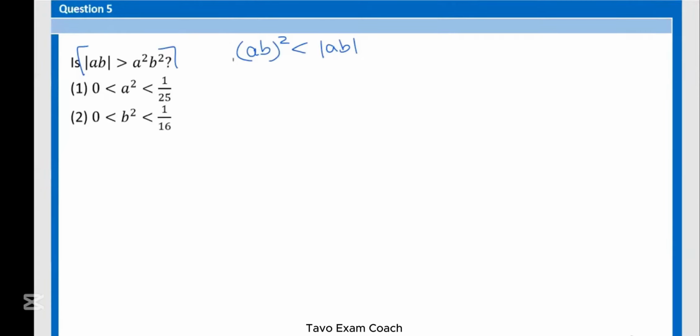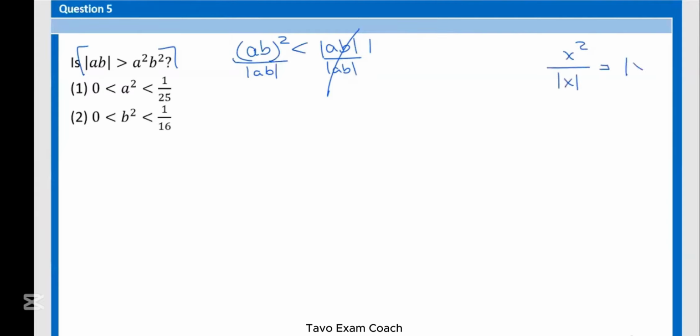Now, what happens if we divide both sides by this same positive number? Of course, here you just get 1, and here you get the square of a times b divided by the absolute value of a times b. But remember this identity. What is the square of an expression divided by its absolute value?